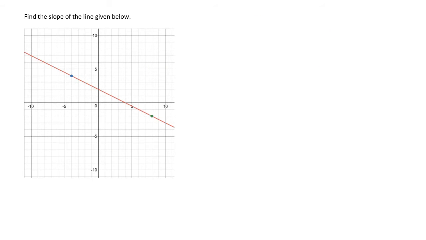So let's try this again in a second example. Again, I want to find the slope of this line. I'm going to jot down the 2 points. The blue point looks like it is (-4, 4), because we'd have to go left 4 and up 4.